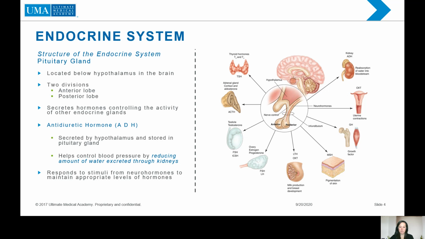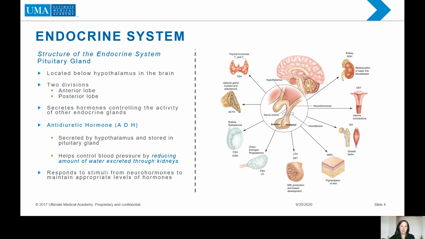It has 2 divisions: an anterior and a posterior lobe. It secretes hormones that control the activity of all the other endocrine glands. And this hormone is called ADH, or antidiuretic hormone.